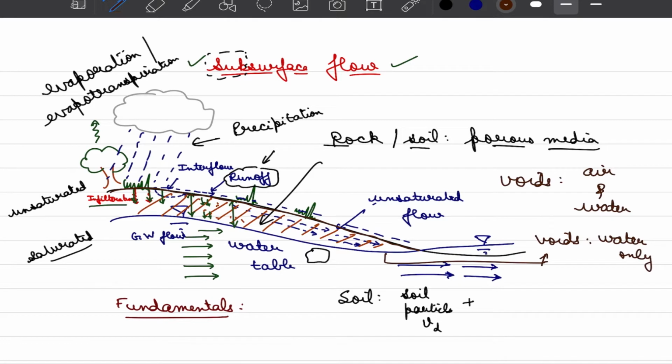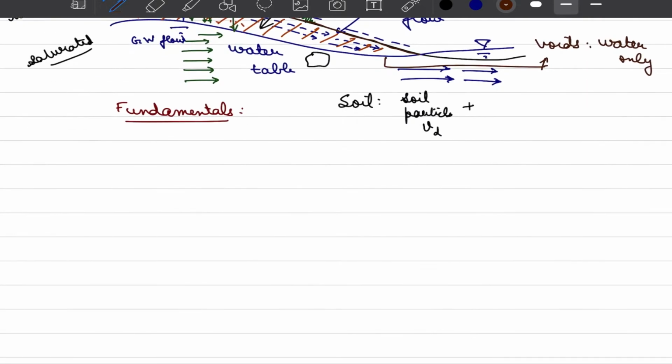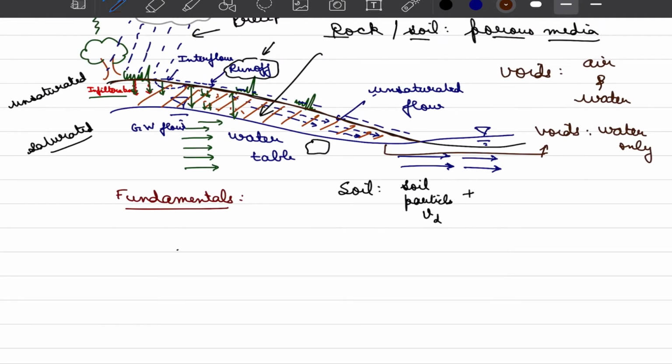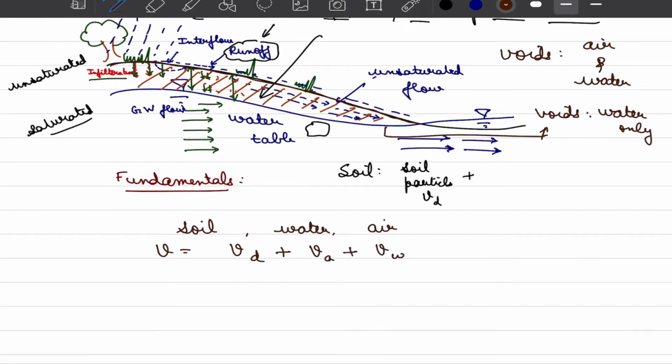So to understand these subsurface flow processes, we would always be dealing with mixed phases. That means dry soil particles are present, water is present, as well as air is present. So whenever we talk about volume of soil, we are essentially dealing with volume of dry soil particles plus volume of air plus volume of water.